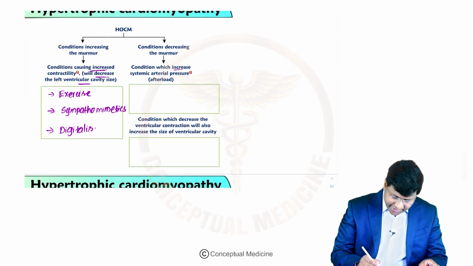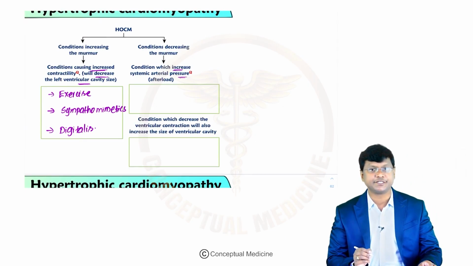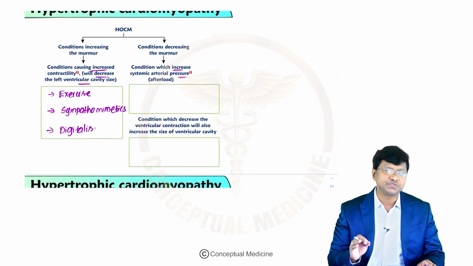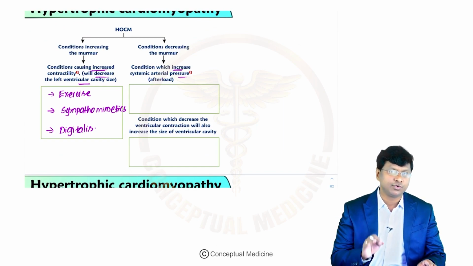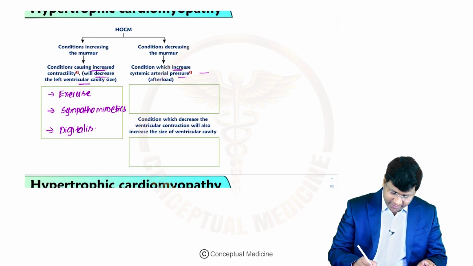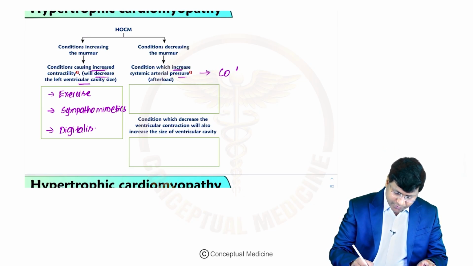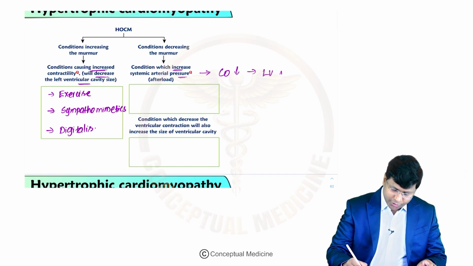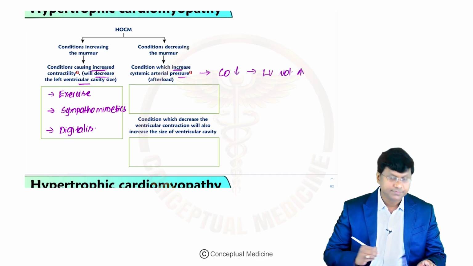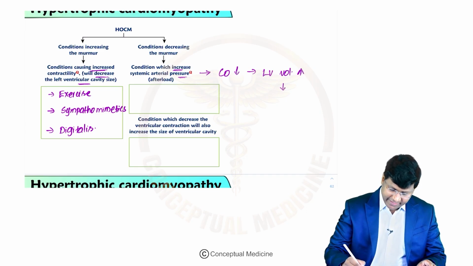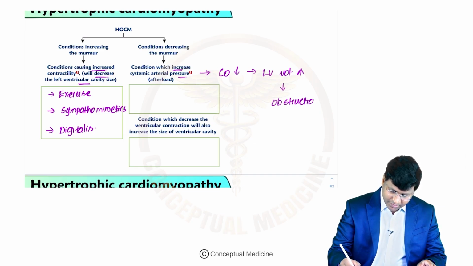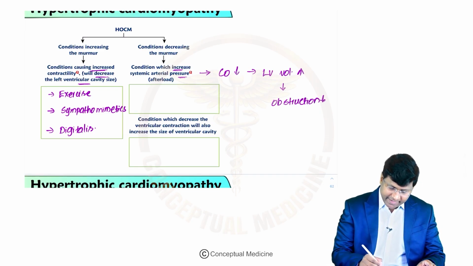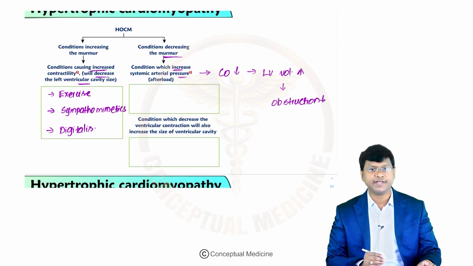the conditions which will increase the systemic arterial pressure. See, any condition which will increase the systemic arterial pressure is equal to increasing the afterload on the left ventricle. So thereby, what will happen to your cardiac output? It will be decreased. Thereby, what will happen to your LV volume? Increases. Thereby, what will happen to the obstruction? Decreases. So thereby, what will happen to the murmur? The murmur also decreases.